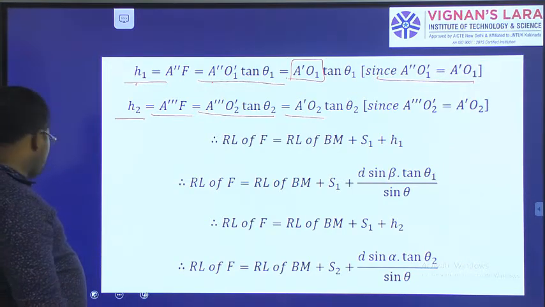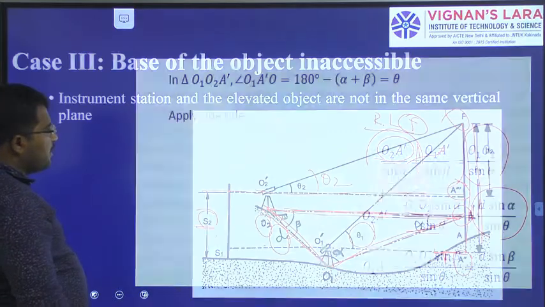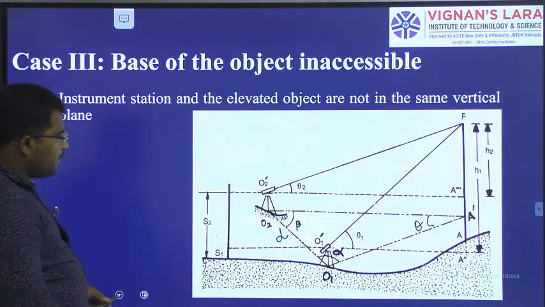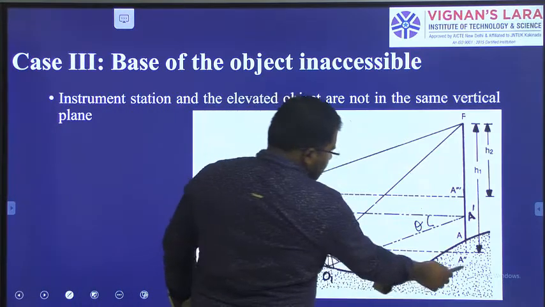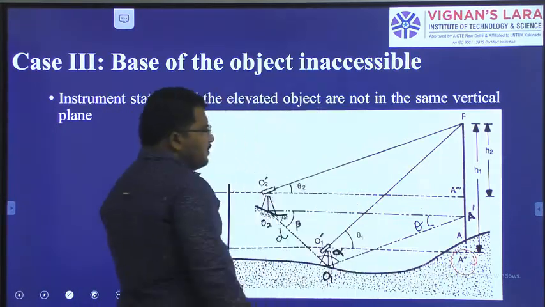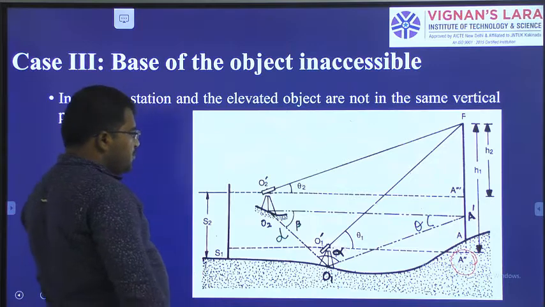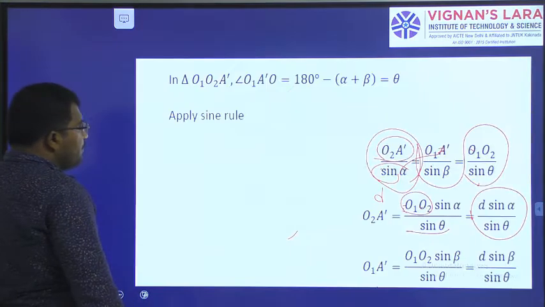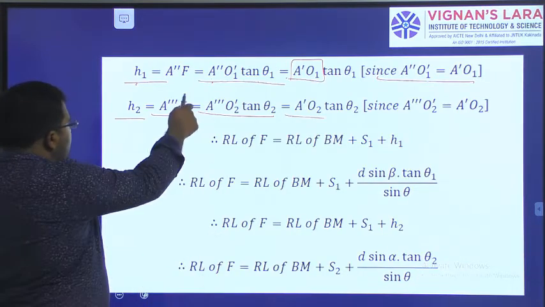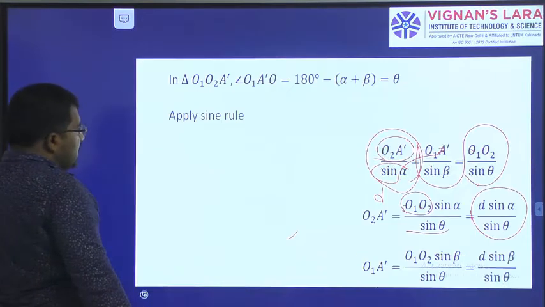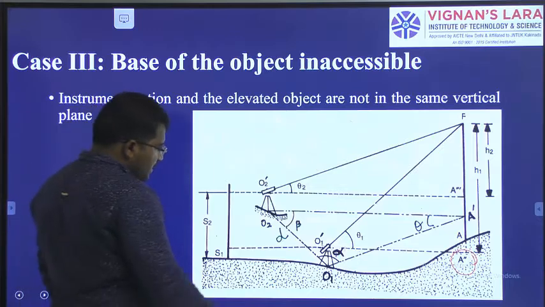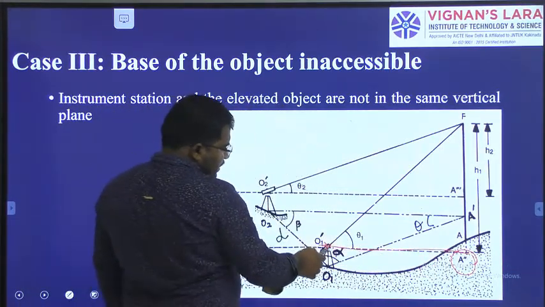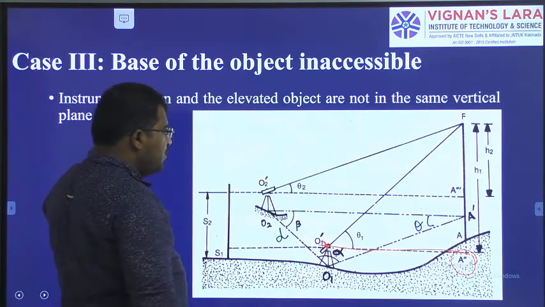You can see A double dash to O1 dash. This will be equal to how much?